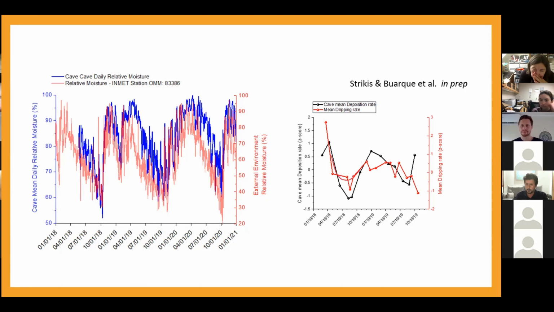Here in red is the dripping, and in dark is the calcite deposition. And also evaporative effect will play an important role on that, because imagine a dry period where there's less dripping, but there's more evaporation.